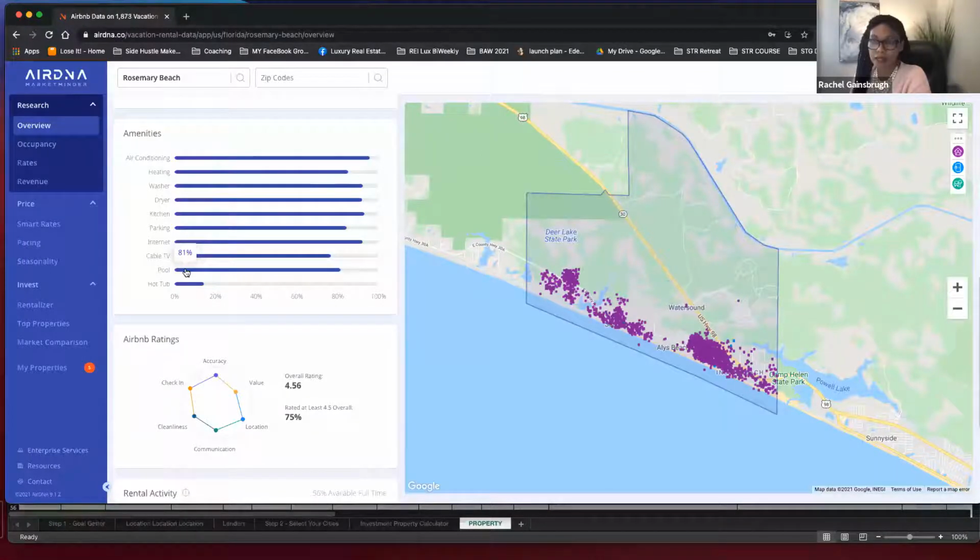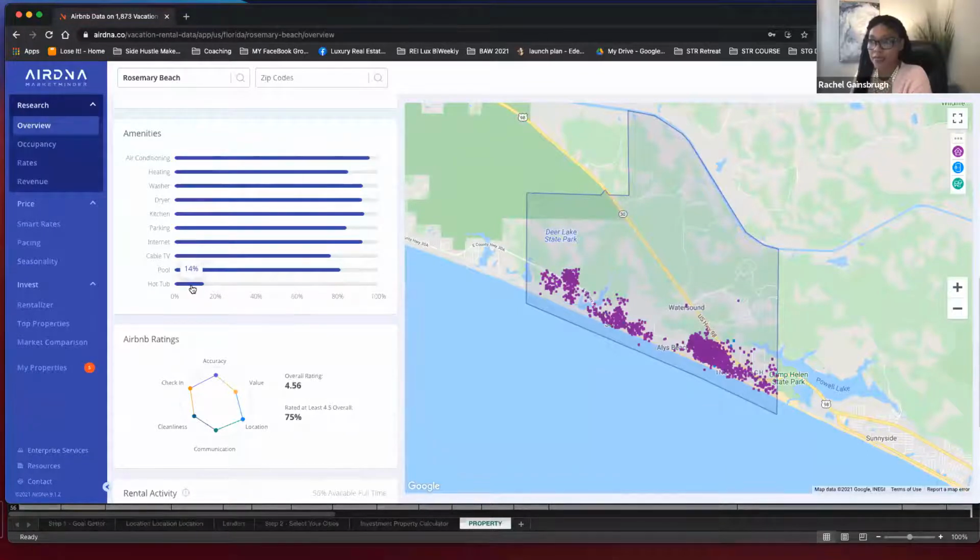If someone's looking for a private pool, they're looking for a private pool, right? It just says pool. So it could be a pool that's part of the condo where everyone has access, or it could very well be a house with its very own pool. So that's a big deal, and we'll drill down into exactly how to identify that on our own.